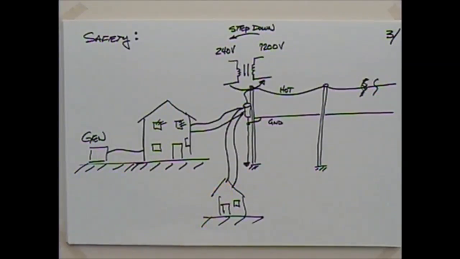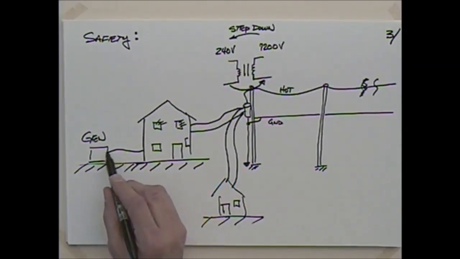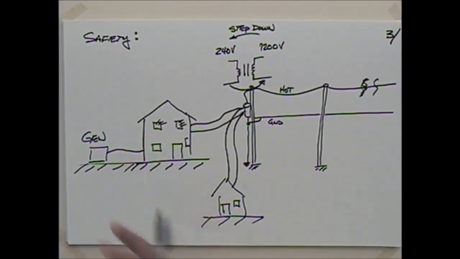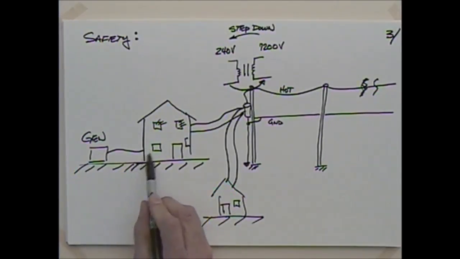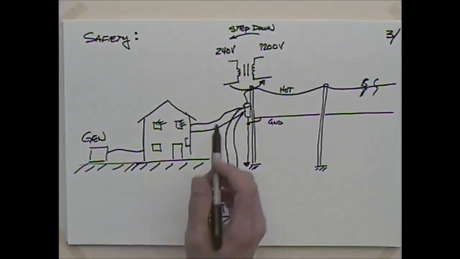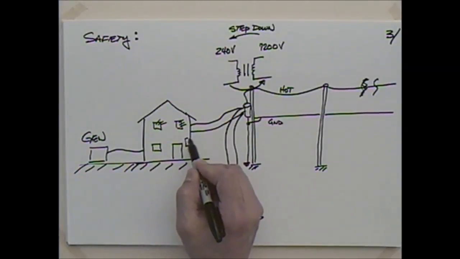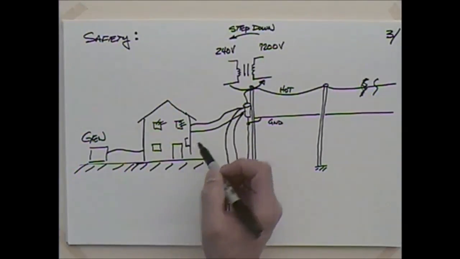Okay. So there's a few ways that you can avoid this. You could just run the generator in with an extension cord to certain circuits. Use it to cool down the refrigerator and the freezer and things like that. If you start hooking it into your house, to be legal, you actually need to have some sort of a transfer switch. From a practical standpoint, you could still do this. I don't think it would quite be legal and it wouldn't be per electrical code.